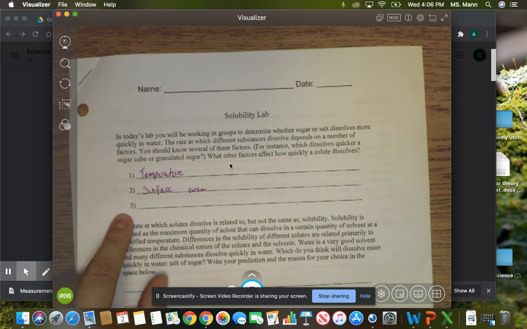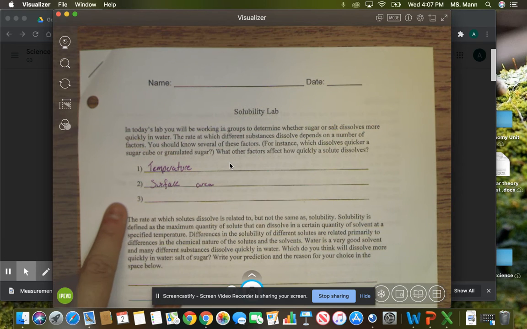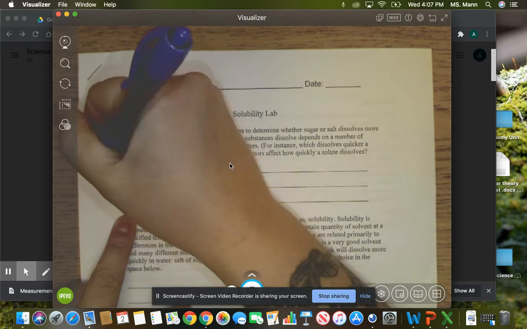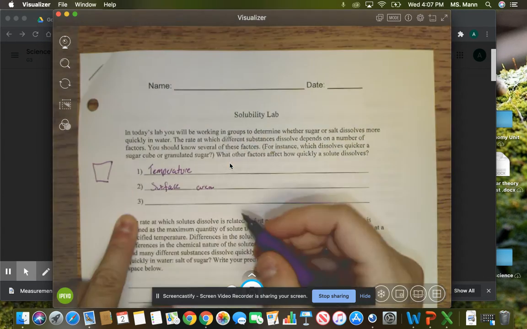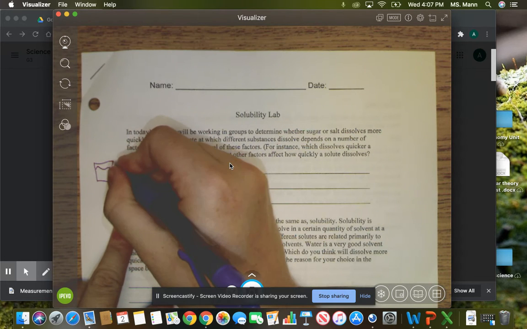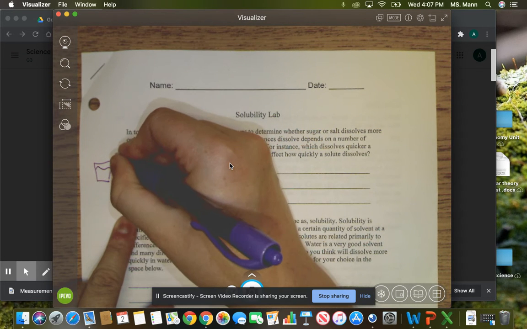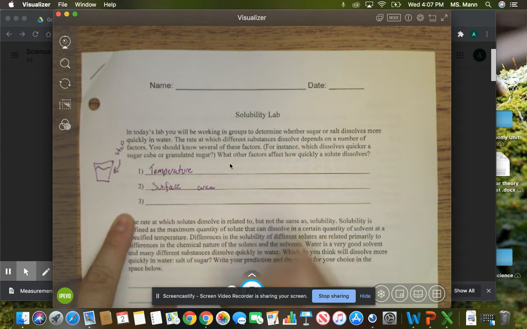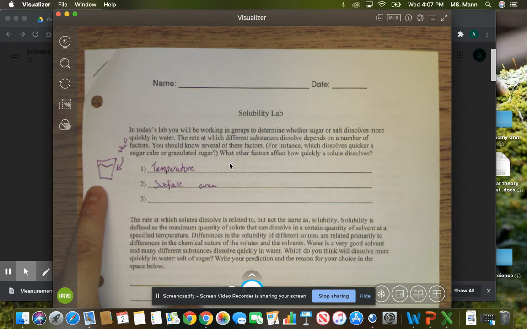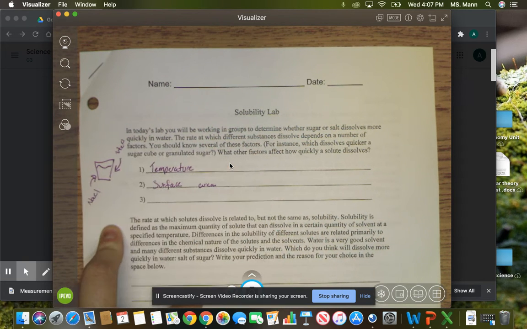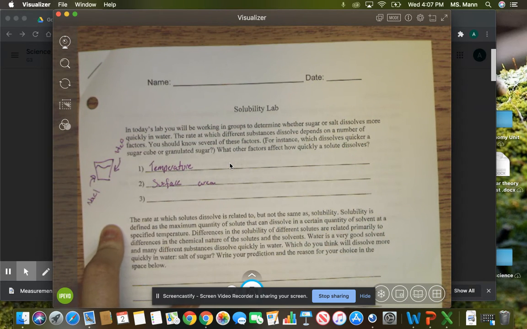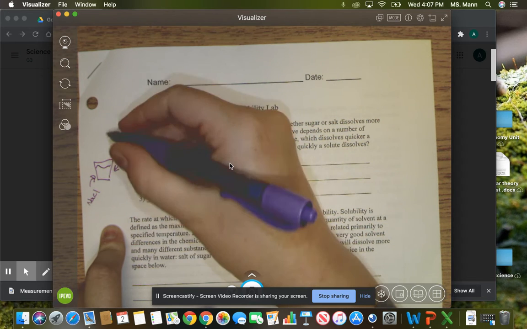For instance, how much solvent do you have, right? If you have a glass of H2O, and there is water, which is H2O, and then you want to add salt, sodium chloride, the solvent would be the H2O.